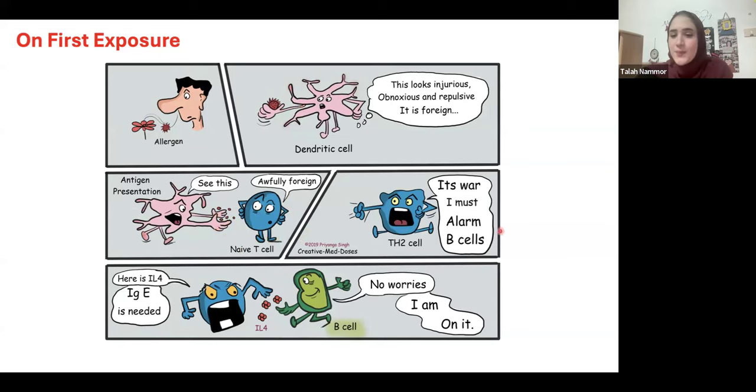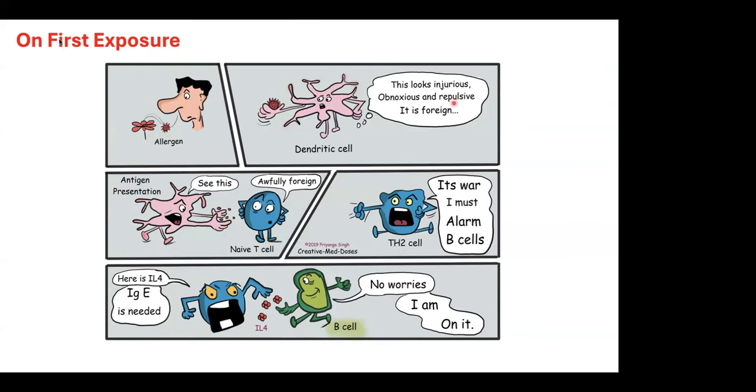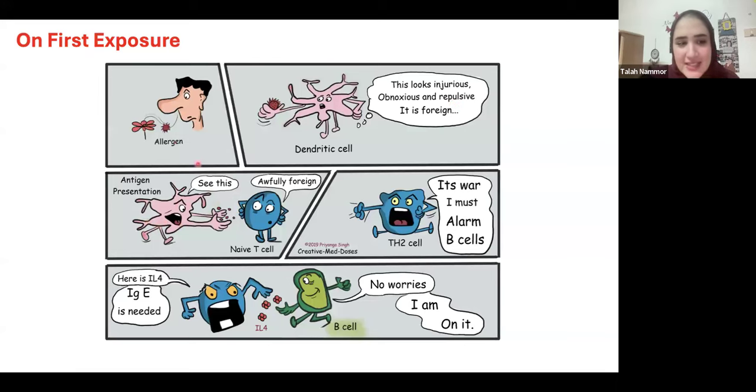So this is when the T helper cell type what, guys? Type 2, which is going to secrete interleukin 13, 4, and 5, right? Exactly.